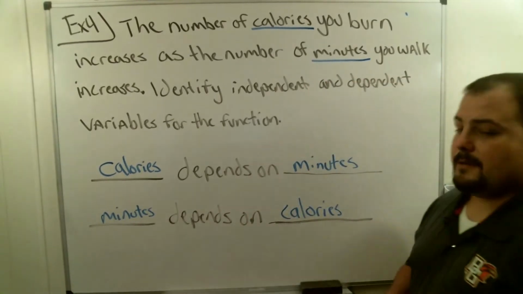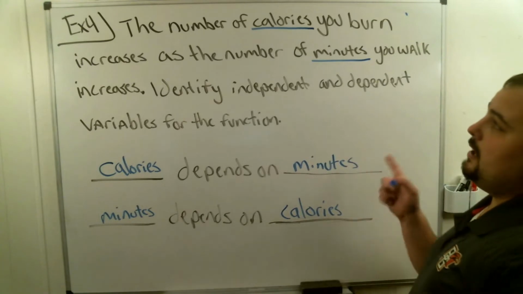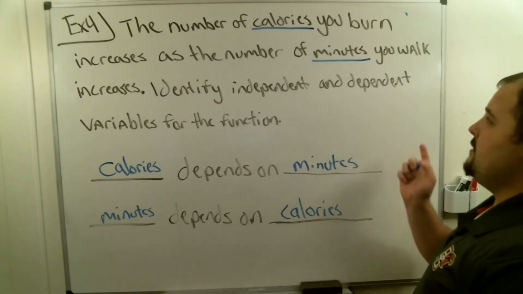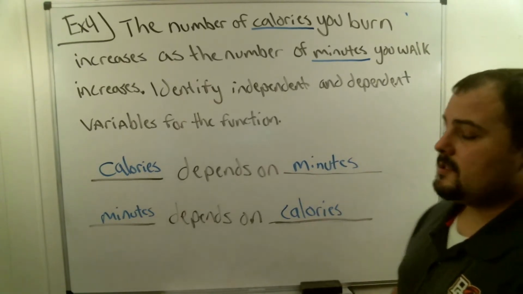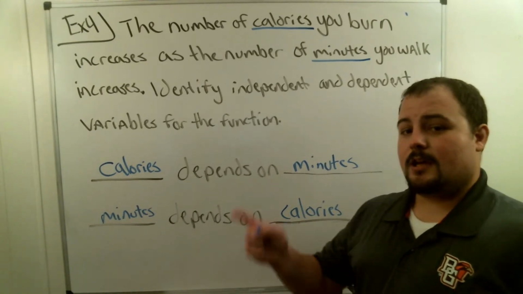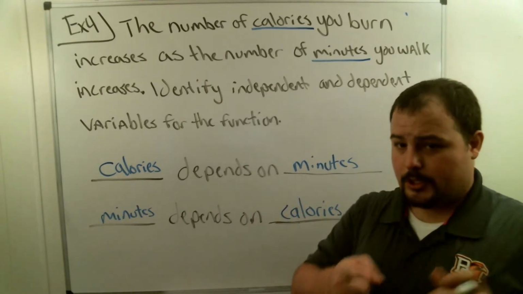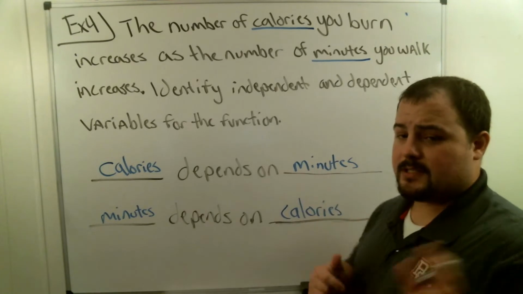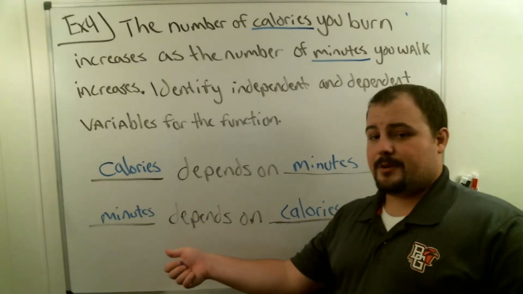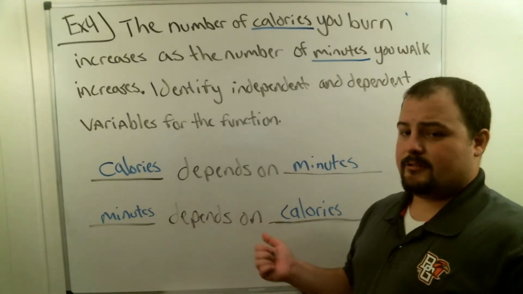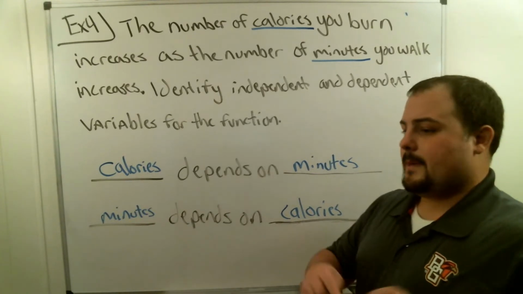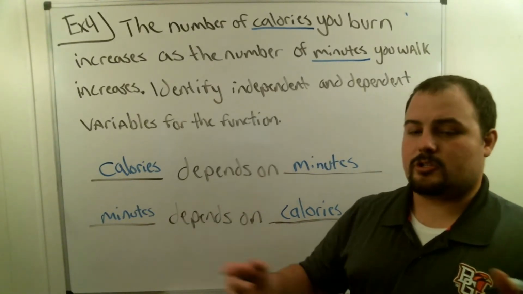So if you're reading this problem, again, it says the number of calories you burn increases as the number of minutes you walk increases. So in this case, hopefully you're thinking that the amount of calories that you burn depends on the number of minutes that you're walking. Not the number of minutes you walk depends on the number of calories you burn. The amount of time that passes doesn't change your calories.